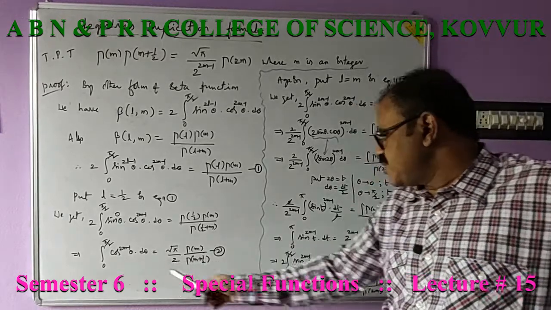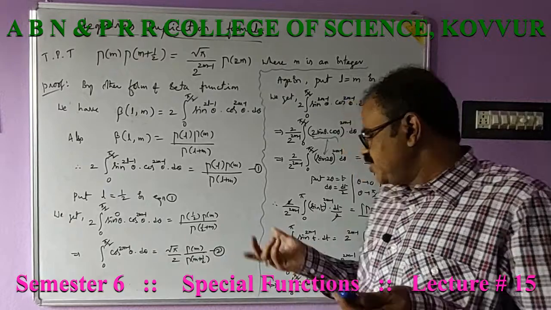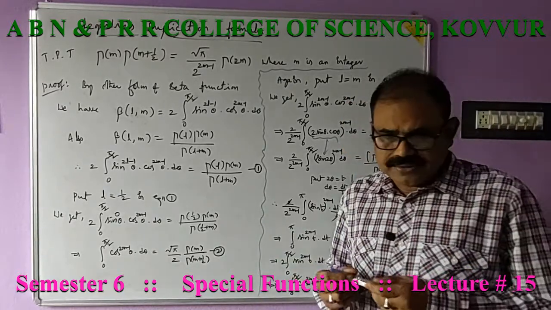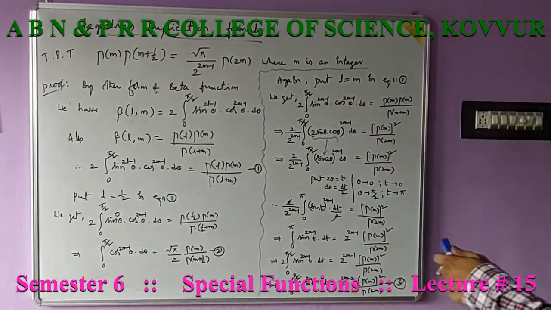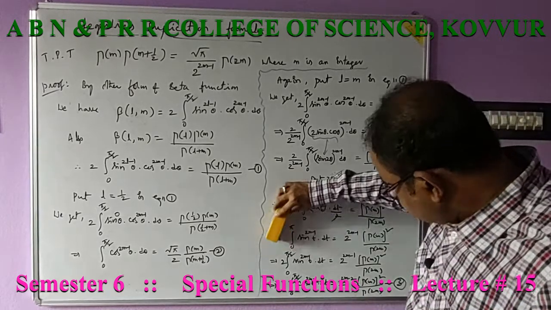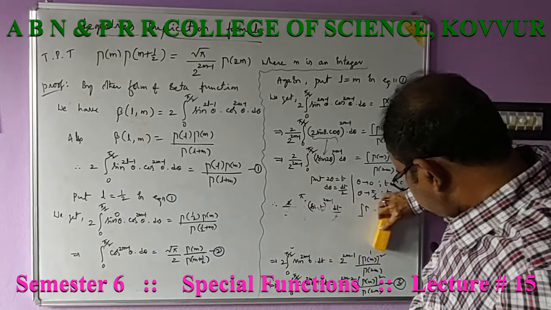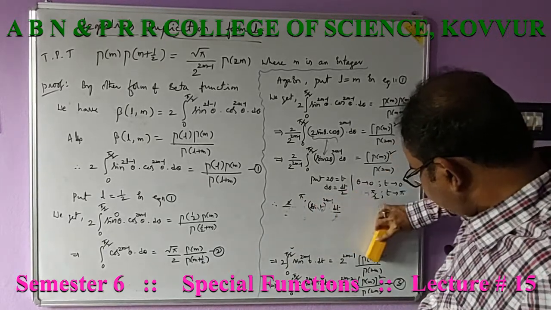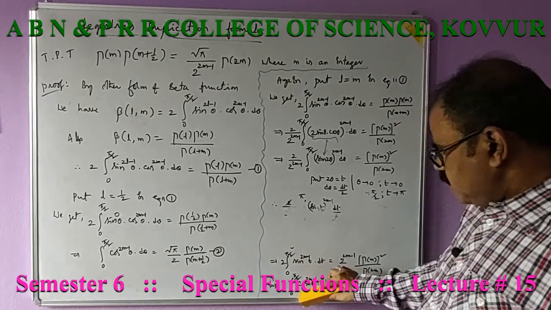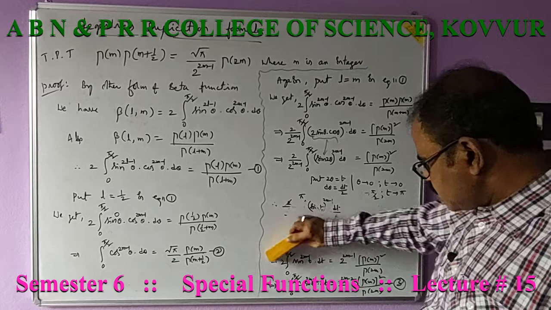Equating left hand sides of equations 2 and 3, they are the same. Therefore equating left hand side and right hand side, we get, this is left hand side. Actually this is sin to the power of n theta d theta. The limits are 0 to pi by 2, therefore we can replace sin with cos.